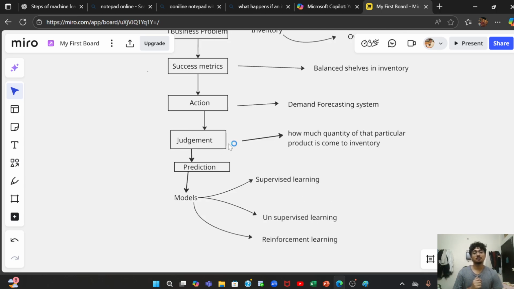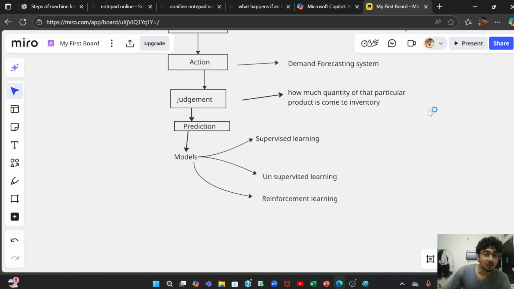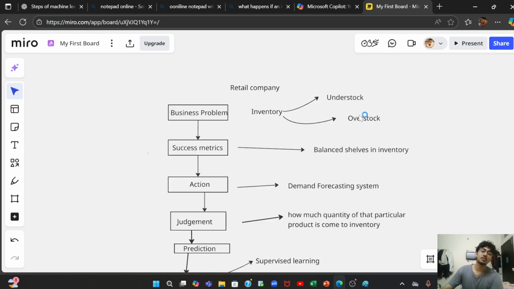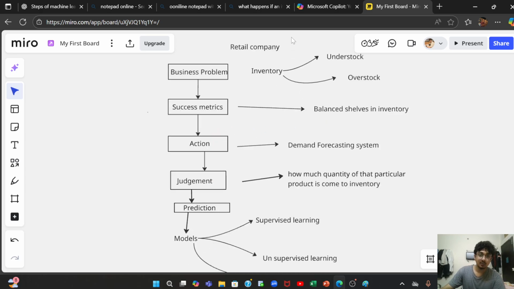So let's recap what we have learned till now. For solving a business problem, we have to consider these steps. We considered a retail company which has a business problem.